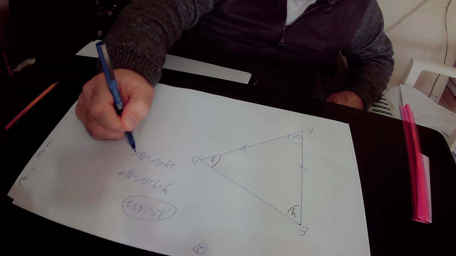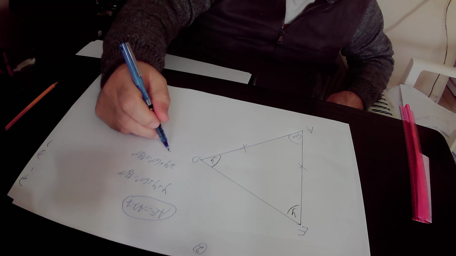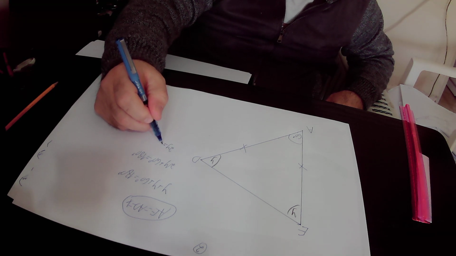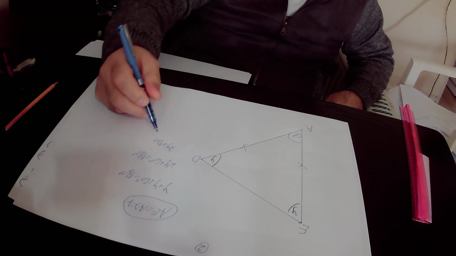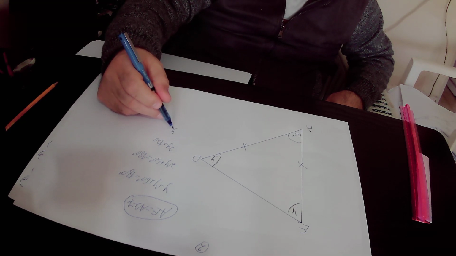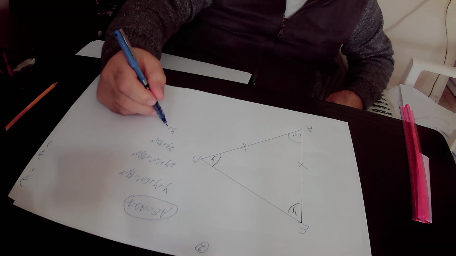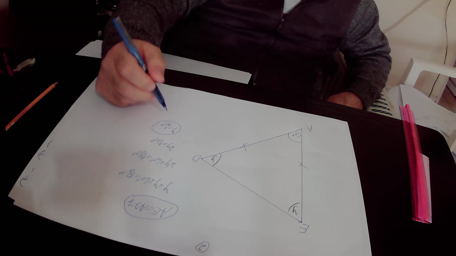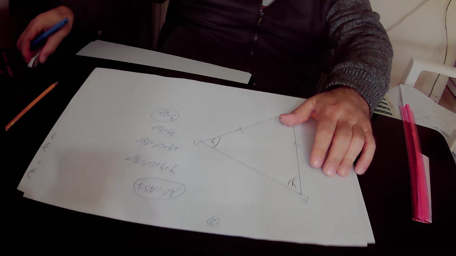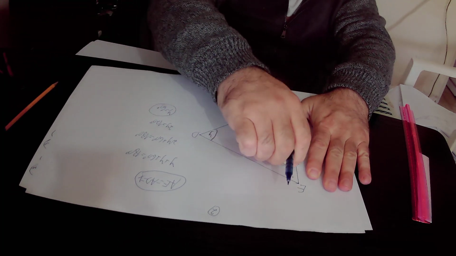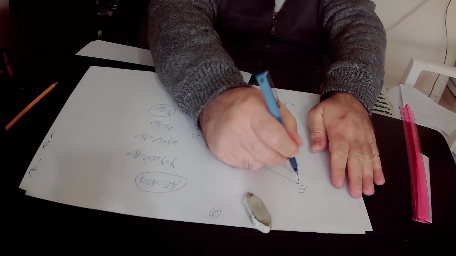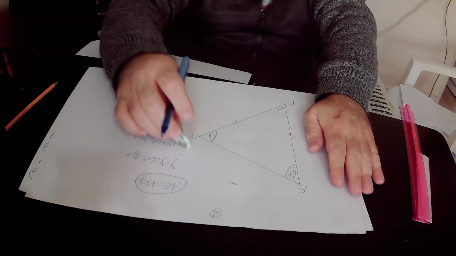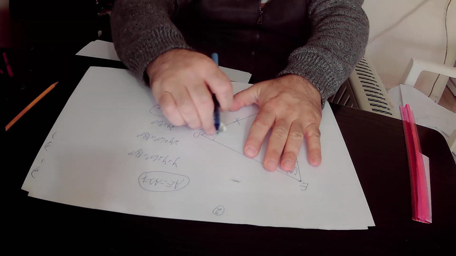We subtract 60 degrees and get that 2y equals 180 degrees minus 60 degrees, which is 120 degrees. We divide by 2 and get that angle y equals 60 degrees. So we substitute y by 60 degrees. Here also y equals 60 degrees.